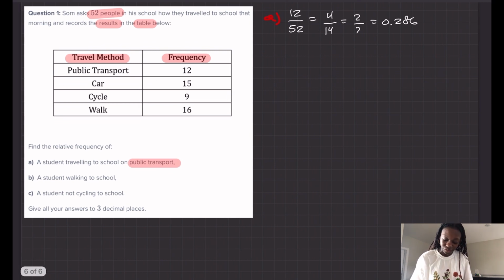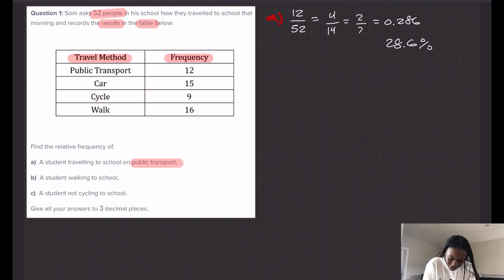And then we would convert 0.286 to a percentage, and so the answer would be 28.6%. So the relative frequency of a student traveling to school on public transport is 28.6%.